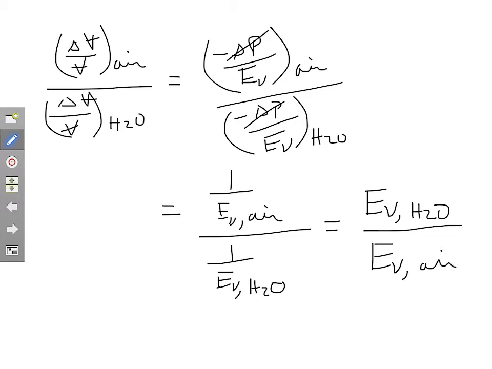So the compressibility of air over the compressibility of water actually equals the bulk modulus of water over that of air. Just the way the equations work out.